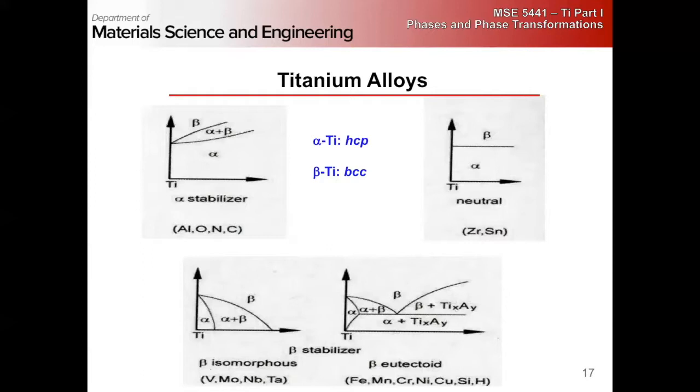And so really it's the same behavior. It's just, where does this line go? If the eutectoid point is lower than room temperature, so vanadium, molybdenum, niobium, tantalum are the common ones here, and iron, manganese, chrome, nickel, copper, silicon.